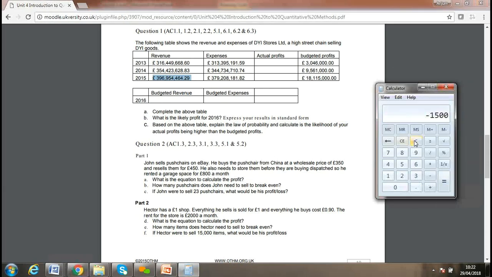So if I need to increase my sales 4% in 2016, 4% means 0.04. So I add it to the principal amount, which is the 2015 amount. It means you add 1 and multiply by that figure. So I'm adding 4% in it.